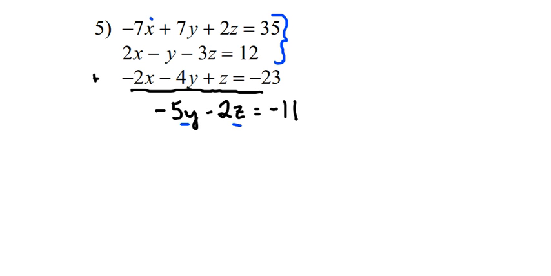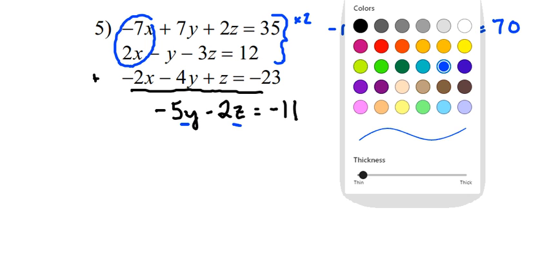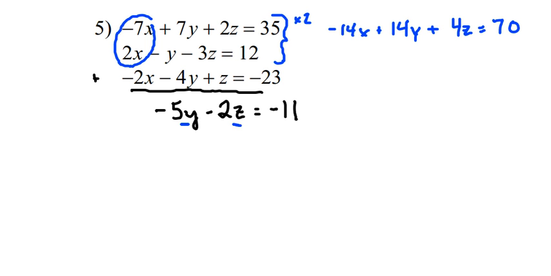So I think this is what most people see first. All right, so we have chosen to eliminate the x's. So what is the smallest number that could be in front of the x's that would be the same for both? Well, if we multiply the top one by 2, we would get negative 14x plus 14y plus 4z equals 70. Multiplying the bottom by the other one, we multiply this one by 7 because we want this to be 14, right?